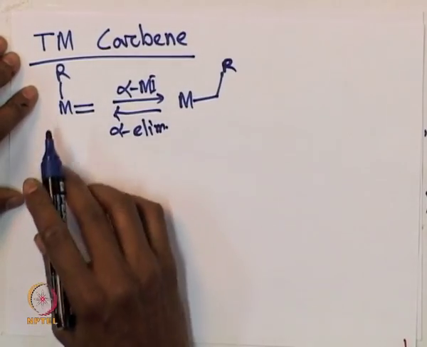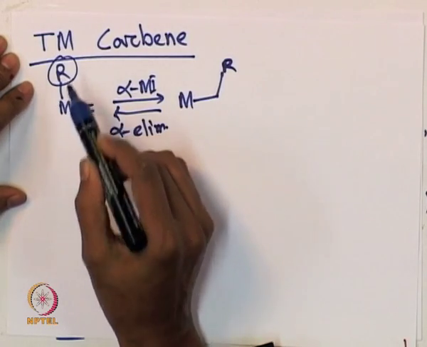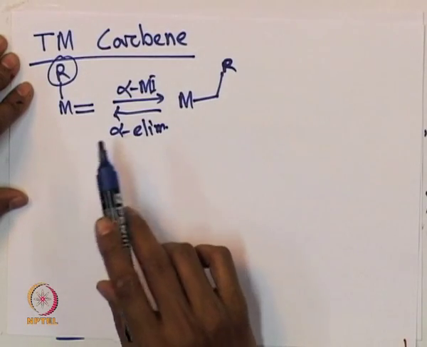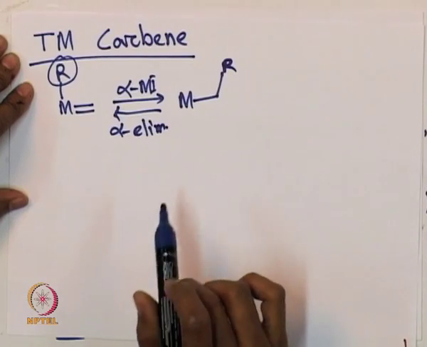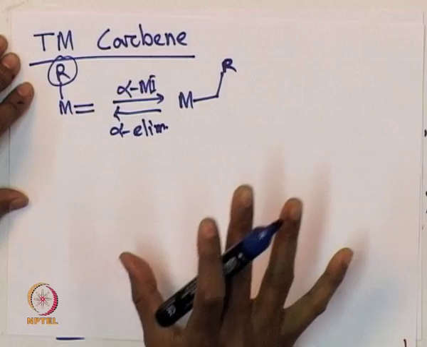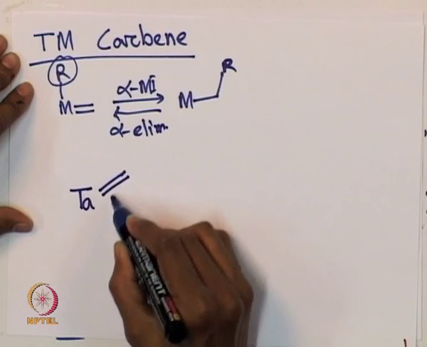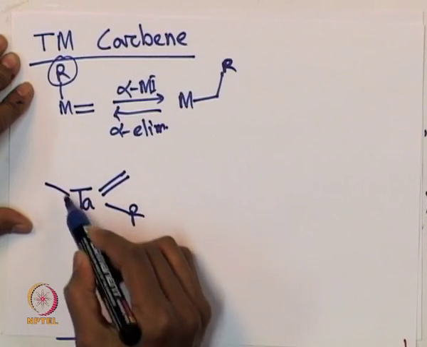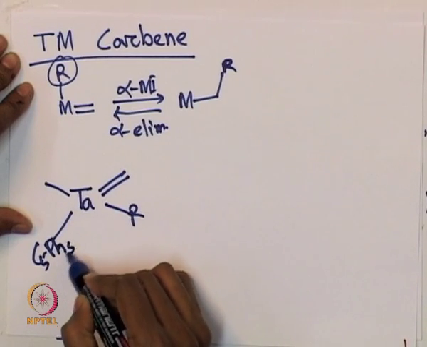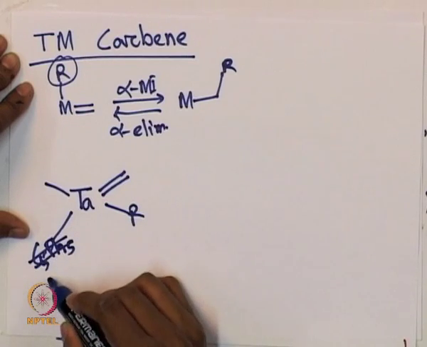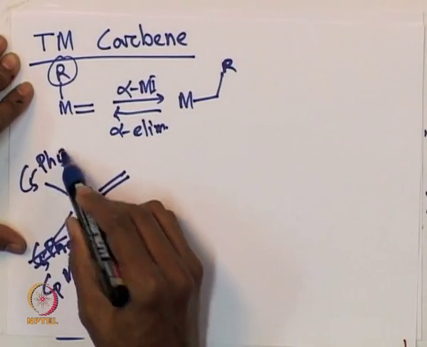Now, if this R group is H or if R group is methyl, depending on that we can follow the reaction and we will be able to tell the delta G double dagger of the reaction, and we can measure that experimentally. For example, in this particular case it would be C5Me5 and C5H5, this complex was taken.